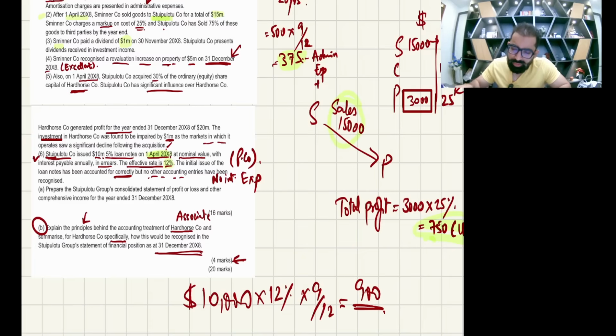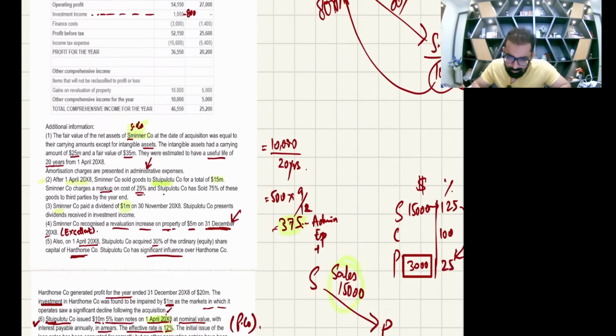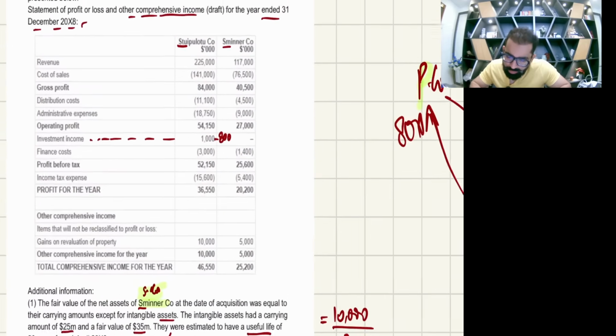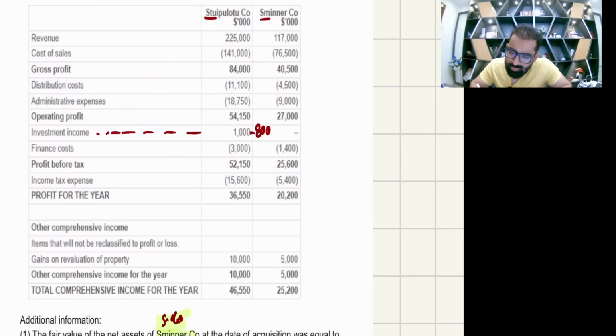Let me help you with one thing. Can you see the finance cost? This 3000 is the parent company finance cost, plus the 900 I have just done. We'll add more for this transaction, 3000 plus 900, and this 1400 we'll do 9 upon 12. This will be your consolidated answer, because 900 is the parent company's interest expense and it will go in complete.